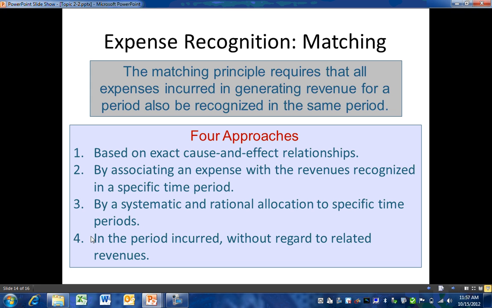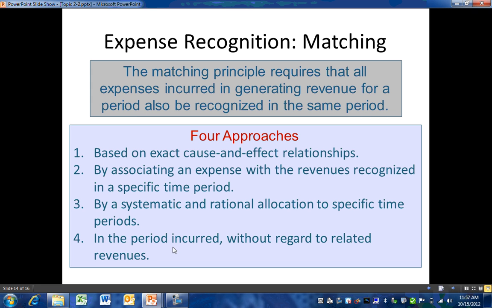And sometimes GAAP tells us that we cannot make a reliable connection between revenue and cost. Therefore, we must recognize the cost in the period in which it is incurred. And 2 examples of this are research and development and advertising.